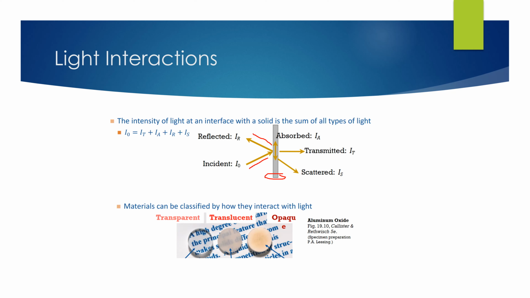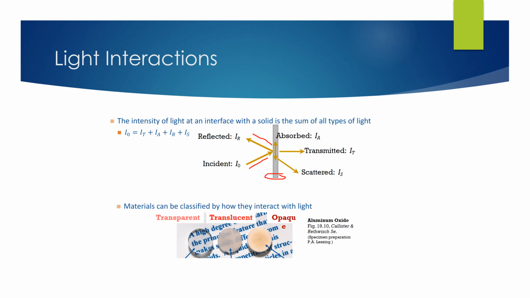Now the third type of light that we have is the absorbed light. The absorbed light is just what it sounds like: the light that is absorbed into the material, the light that is not moving fast enough to leave the material, and it bounces around and refracts inside but never leaves. Now we have the transmitted light, and this is light that transmits directly through the material, so it's pretty self-explanatory.